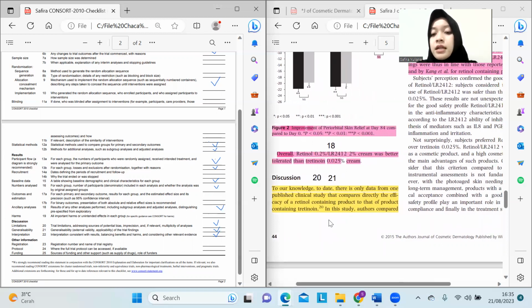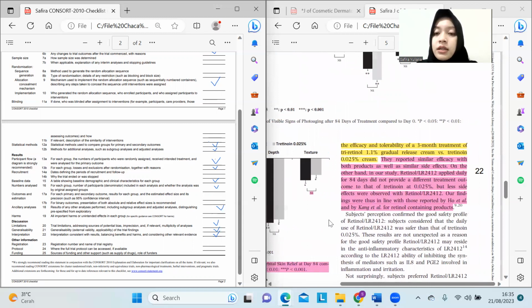In this study the authors compared the efficacy and tolerability of a 3-month treatment of a retinol 1.1% gradual release cream versus the tretinoin 0.025% cream.